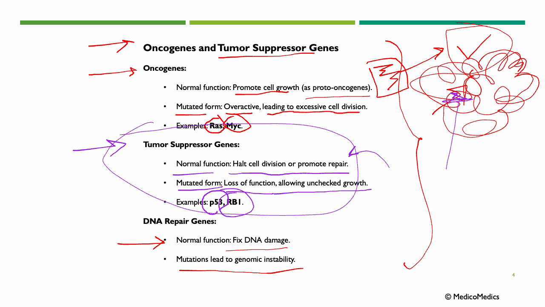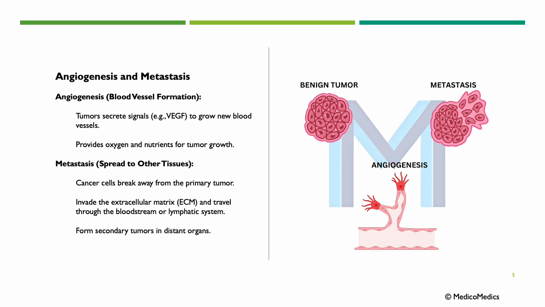Now, let's explore how tumors grow and spread to other parts of the body. So we mentioned in the hallmarks of cancer, angiogenesis and metastasis. So angiogenesis is blood vessel formation.